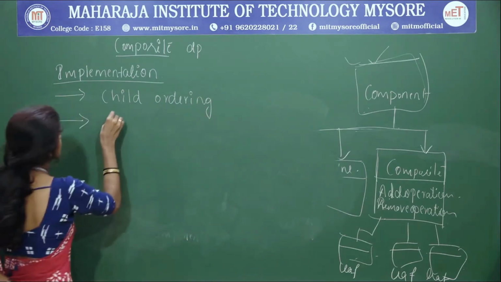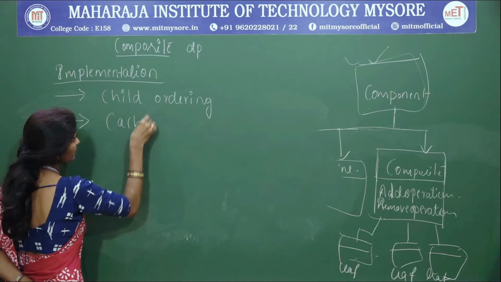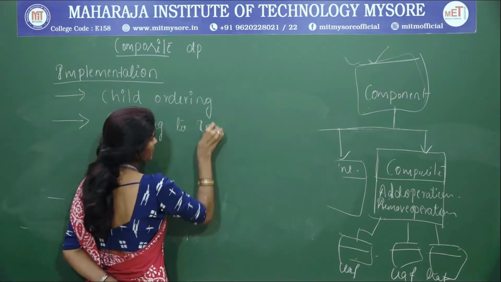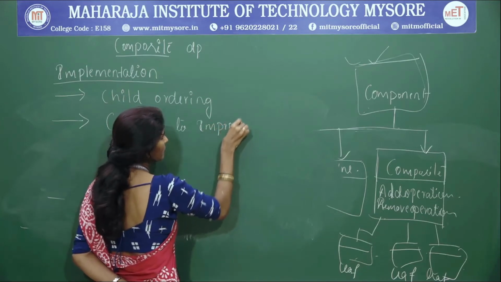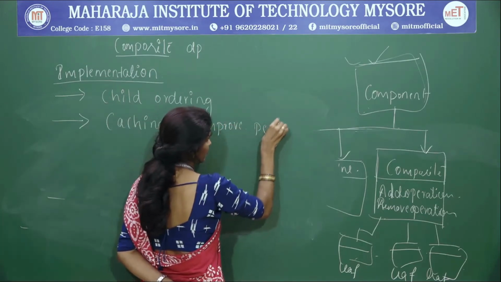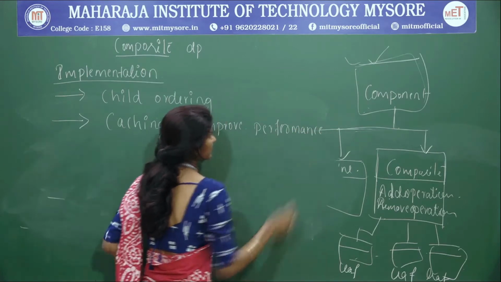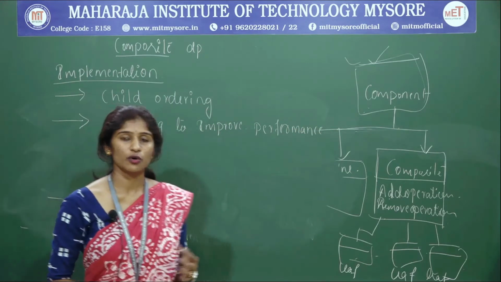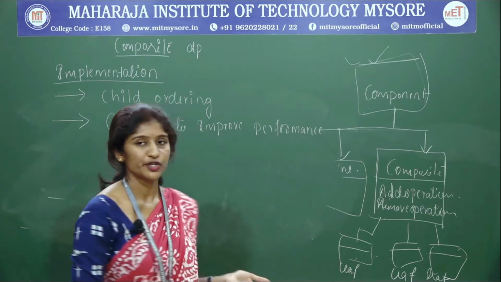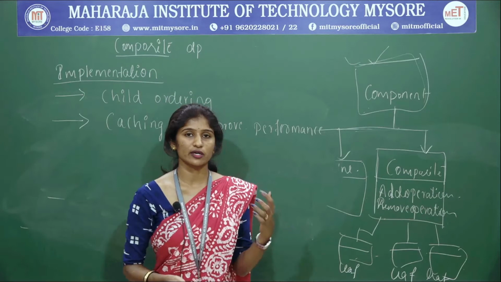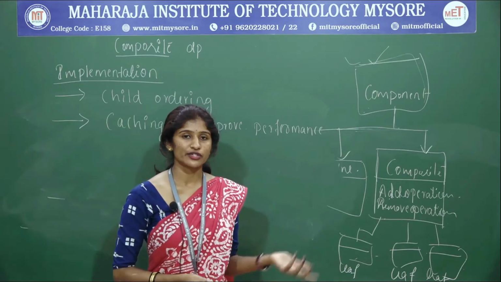And next is caching to improve performance. You already know what a cache memory is. Cache memory is a very fast memory which cannot store very large data.